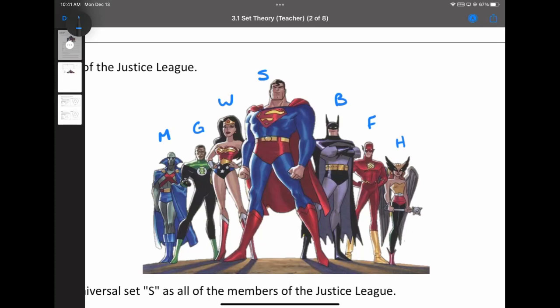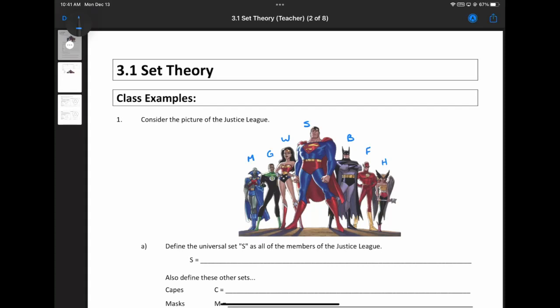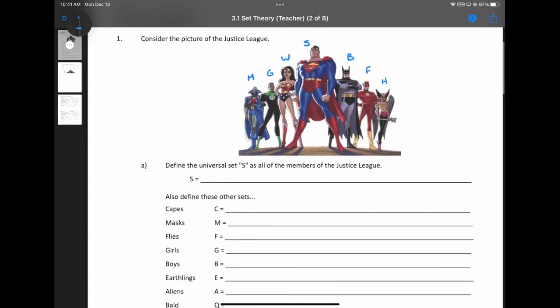Okay, we've now given all the elements in our set letters, and from there we can fill out this little chart. As I mentioned in the previous lesson, one of the very few reserved letters is a capital letter S, and it is used for the universal set, so we shouldn't call any other sets S. And that brings to question Superman.